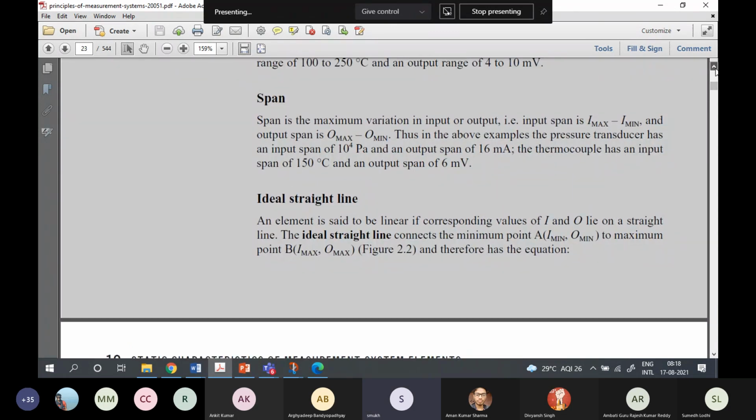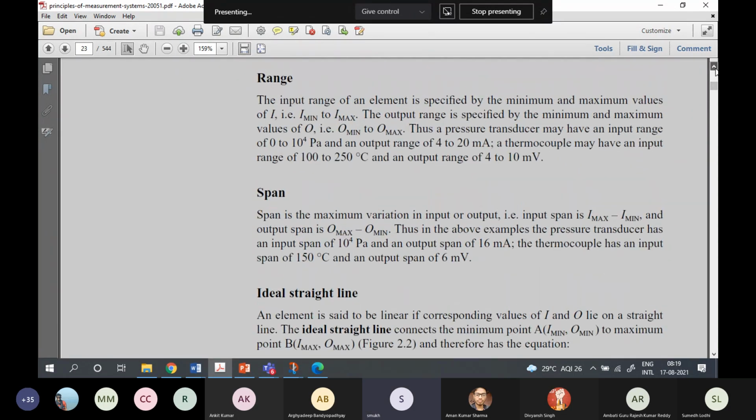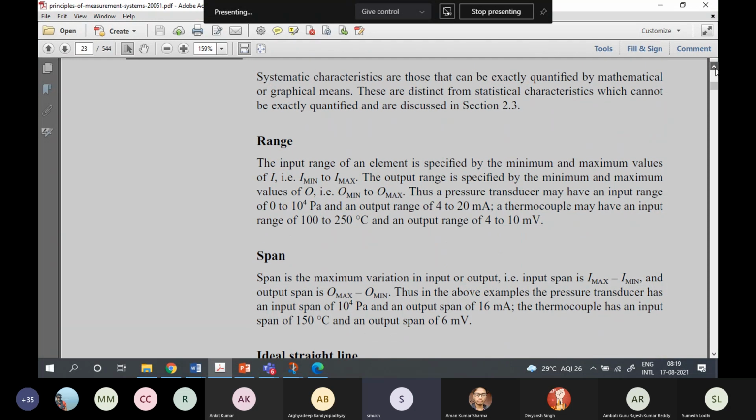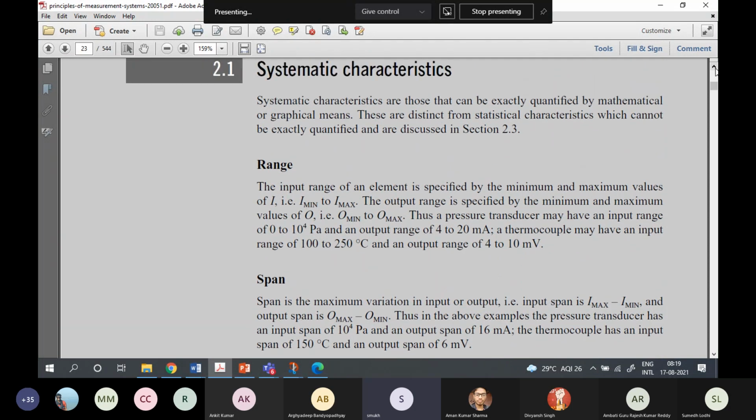So you see that a large number of instruments claim to be linear instruments. Why? Again, because, as I said, it's very simple to use.